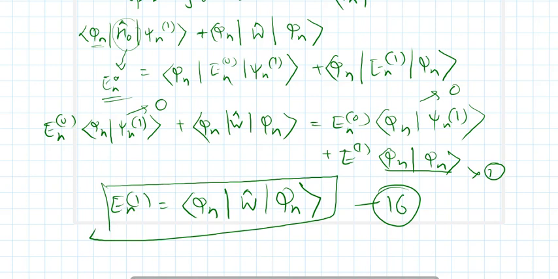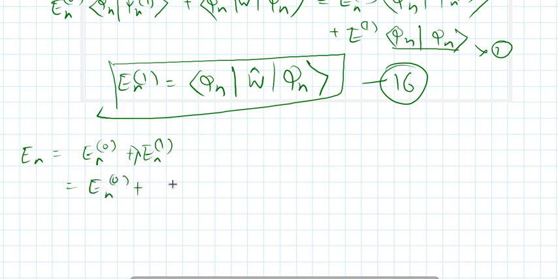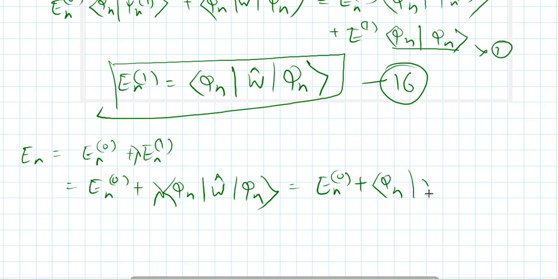Therefore, En is written as, if we use the first order correction term, En is equal to En0 plus En1 multiplied with lambda. So it is En0 plus phi n W phi n multiplied with lambda, and this lambda W is nothing but HP.